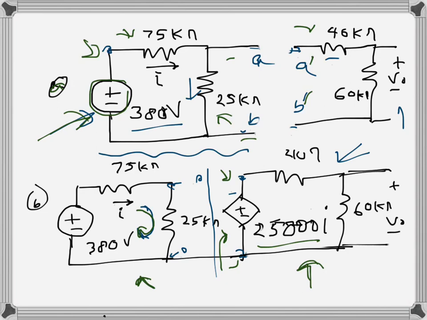Now why 25,000? Again, because these are all kilo ohms, and this is volts, so current will essentially be in milliamps. When it's milliamps, it actually needs to be converted into amps and then multiplied by 25,000. If we recall, the voltage VA prime B prime from the first circuit was I times 25.